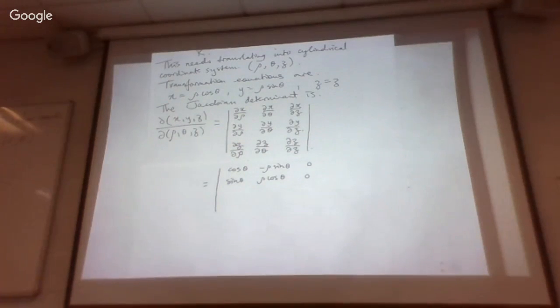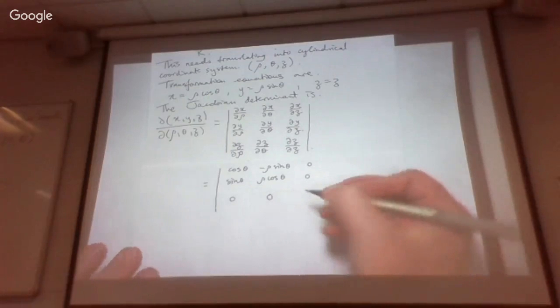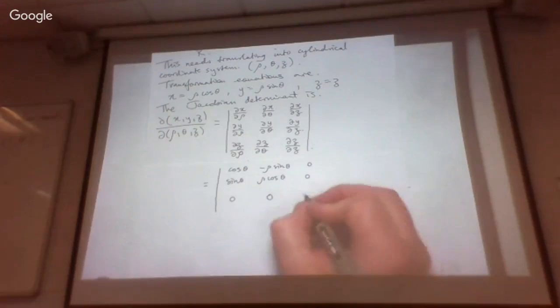There's no z in y. dz d rho? 0. There's no rho in z. dz d theta, 0. dz dz, 1. The derivative of z with respect to z is simply 1.